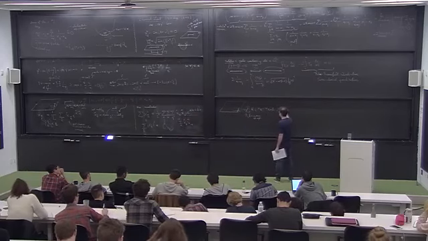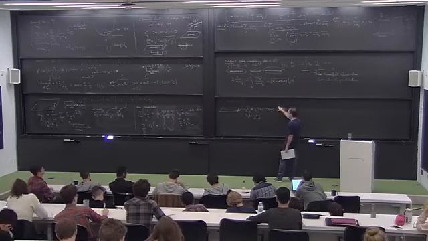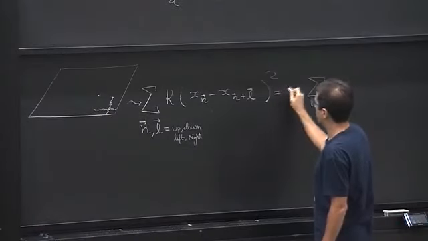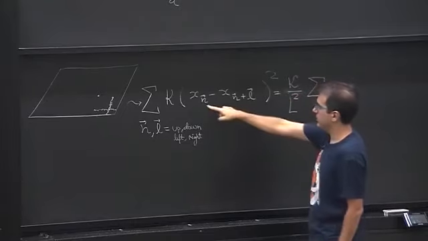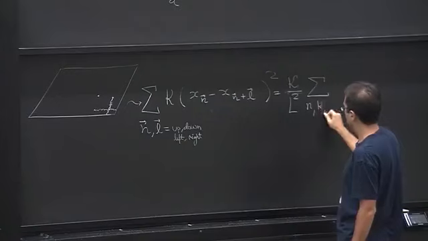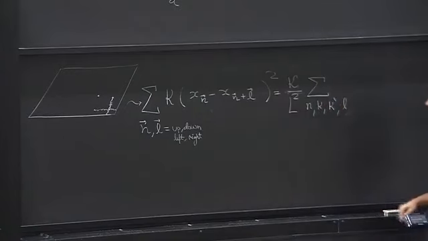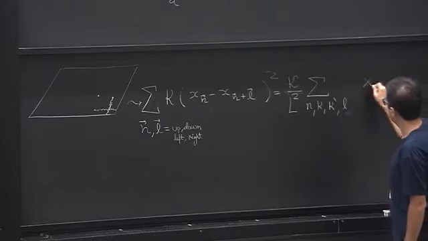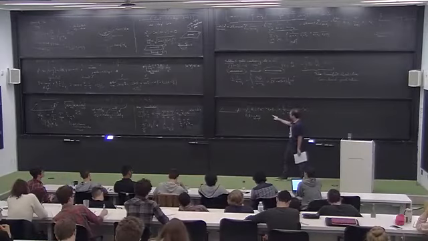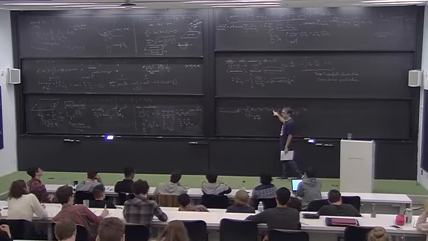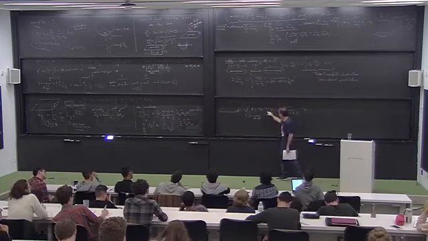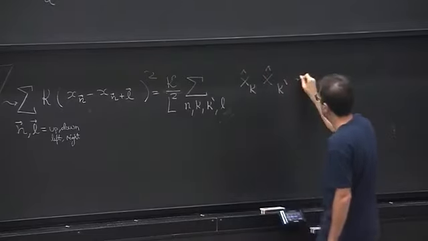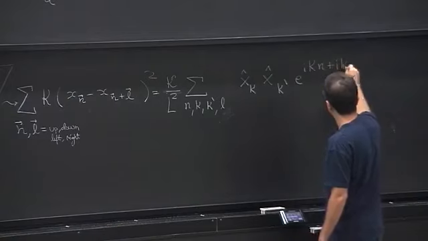And what does this become? Let's do this very simple exercise. In the square I write one term times the other, so it becomes kappa outside, over L squared, since each x is 1 over L. Then I have a sum over n, over k prime, over L. I use the definition, so I get x hat k, x hat k prime, e to the i k n plus i k prime n.